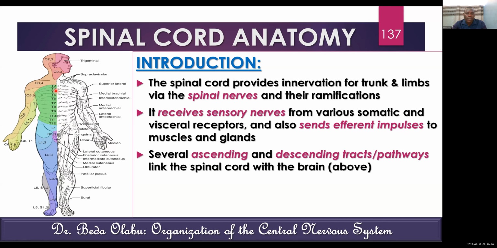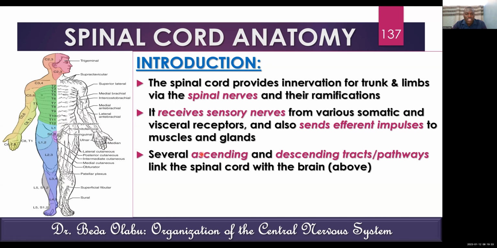After receiving and even giving rise to the efferent impulses to different effectors, the story doesn't really end there. As a matter of fact, the spinal cord also has profuse connections with the brain.